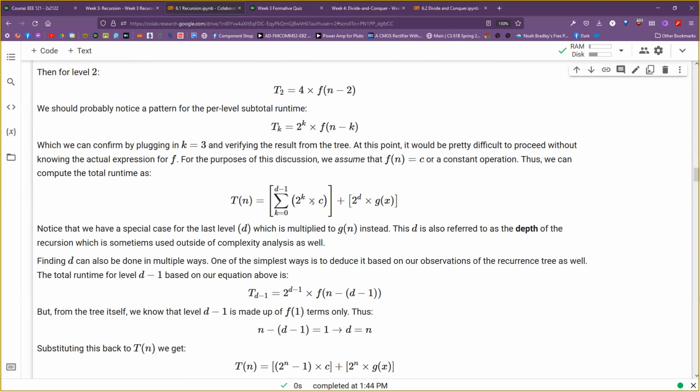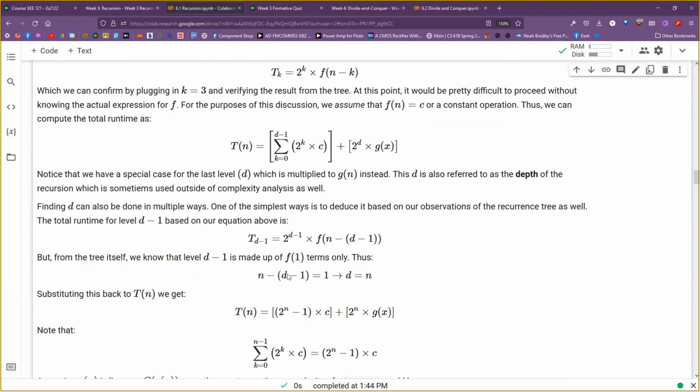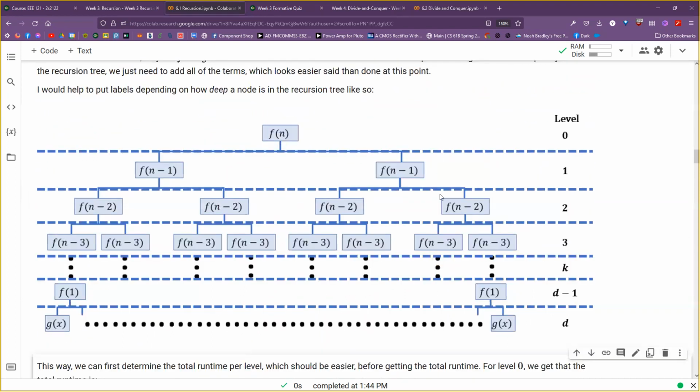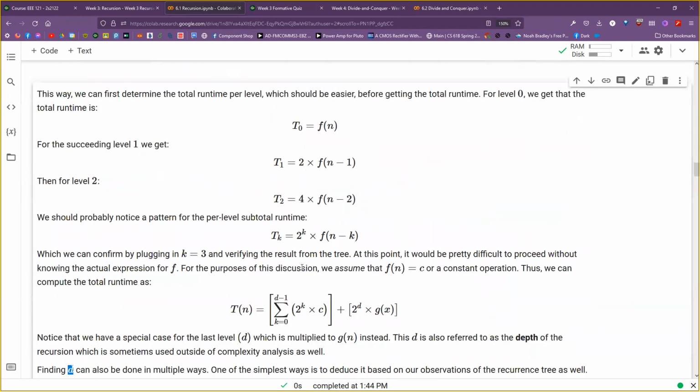Then it's just a matter of recalling our simplifications for summations. So, 2 to the k times c can be simplified to, actually, I won't simplify yet. We first get what we call the depth, or d, or how many levels there are in all.